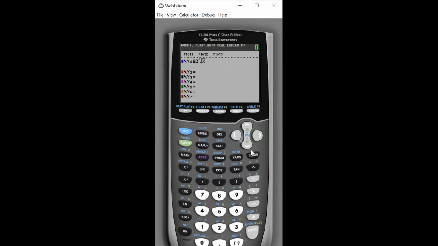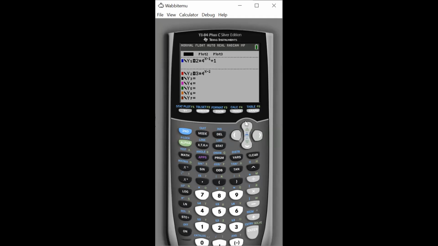So y is equal to, if I grab the first one, 2 times 4 caret x minus 1, bring the right arrow down, plus 1. So that's going to be B, and it's going to be in the blue. Now, in the red, you're going to graph D as in dog. So 3 times 4 caret x minus 2, bring that down.